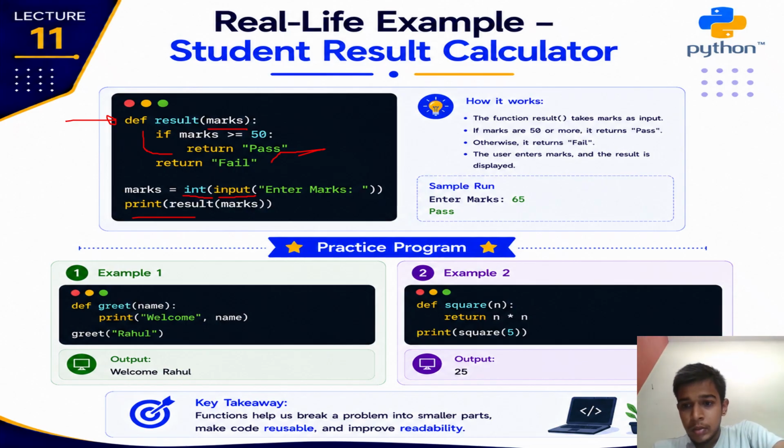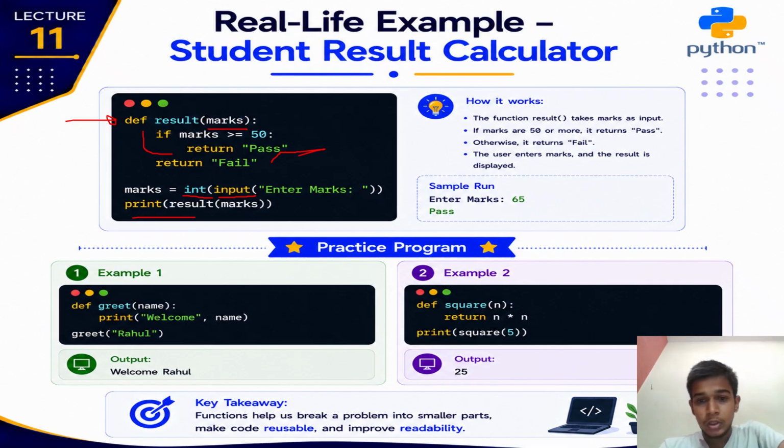Now let's quickly understand how it works. First, the user enters marks. Those marks are passed to the result function. The function checks whether the marks are greater than or equal to 50. If they are, it returns pass, otherwise it returns fail. Finally, the return value is printed on the screen.